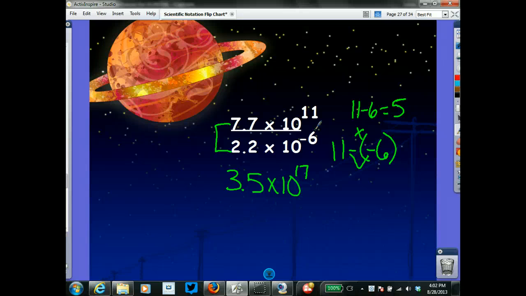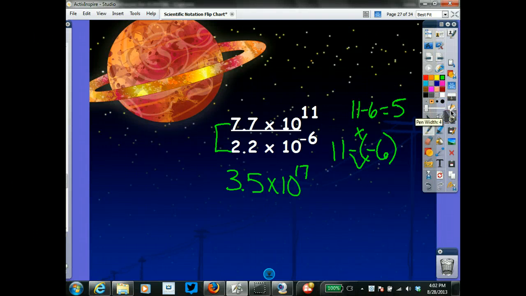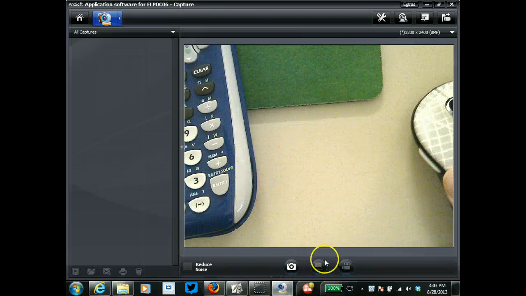I don't want to get you messed up, but again, you can check it. It's a great way to check it. And make sure you check your work.